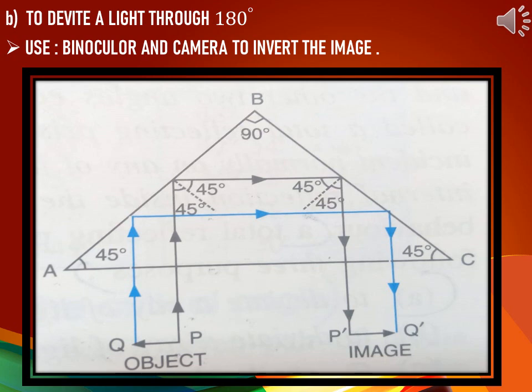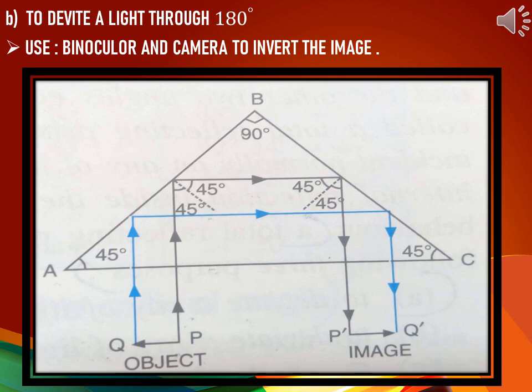Since the beam of light is traveling from glass to air at an angle of incidence equal to 45 degree, which is greater than the critical angle 42 degree for glass-air interface. Therefore, the beam of light suffers total internal reflection.